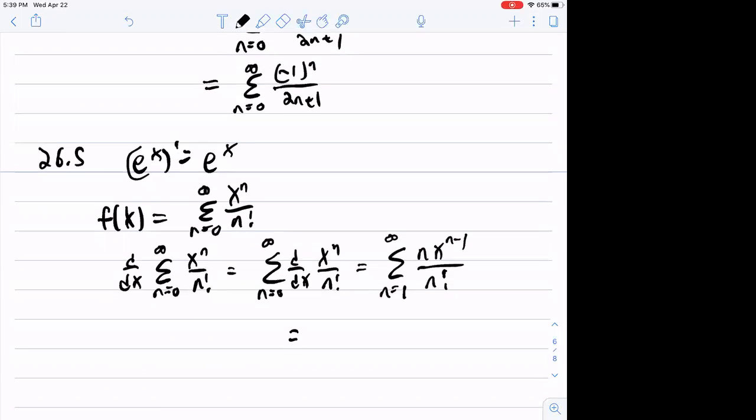Now, how do n and n factorial cancel? Well, n factorial is n times n minus 1 factorial.